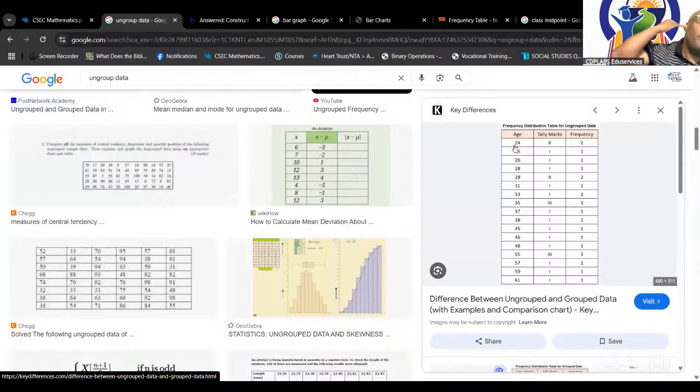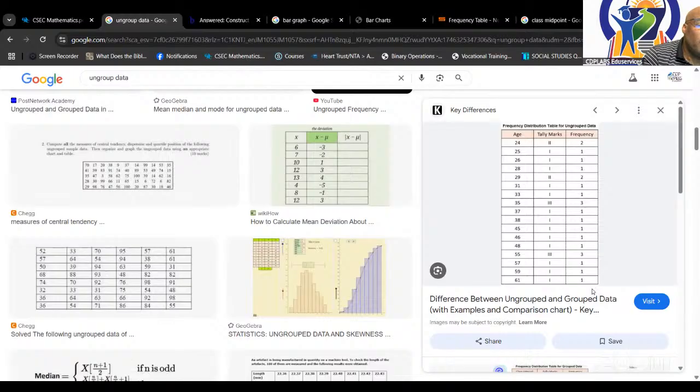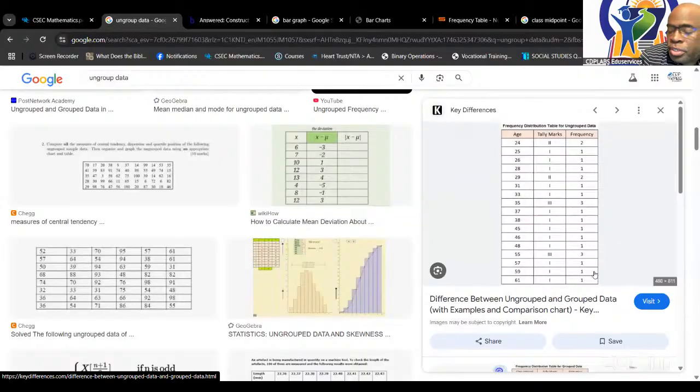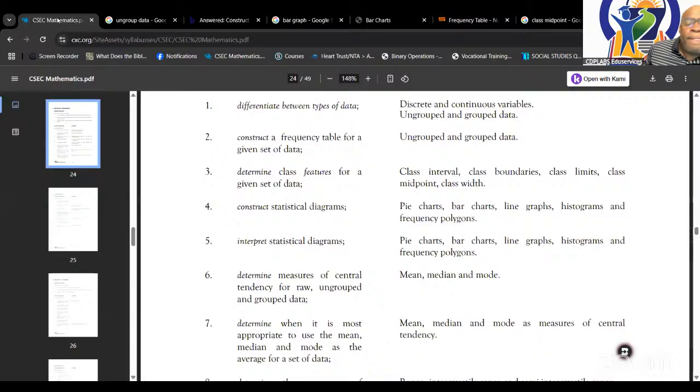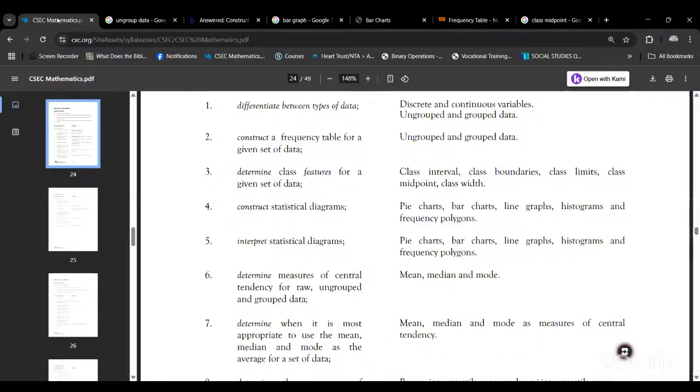If you want to find the mean average with ungrouped data, you multiply the age by the frequency, multiply each of these numbers by the corresponding frequency, and then you add up everything and divide it by the total frequency. That gives you the mean average, right? Understand that, Kelly? Yes, sir.